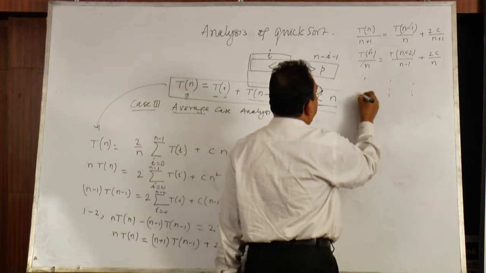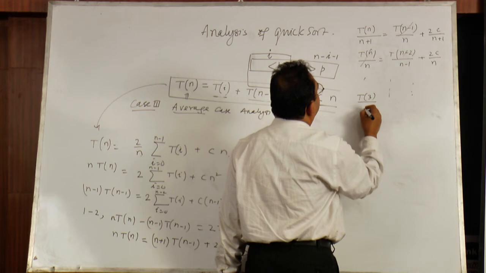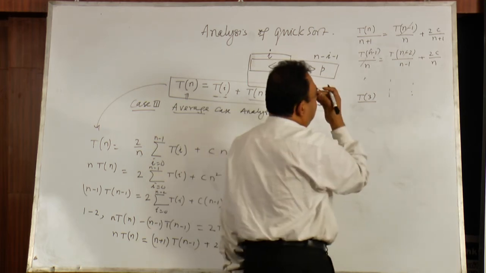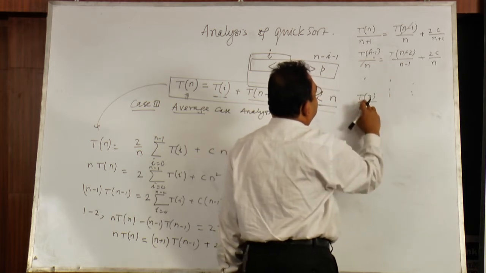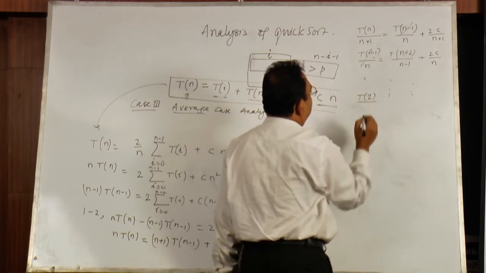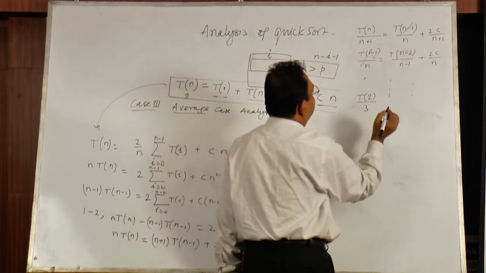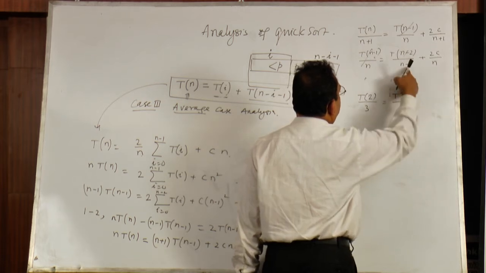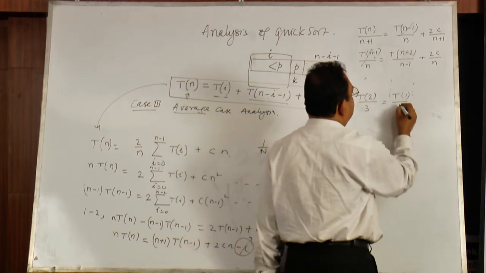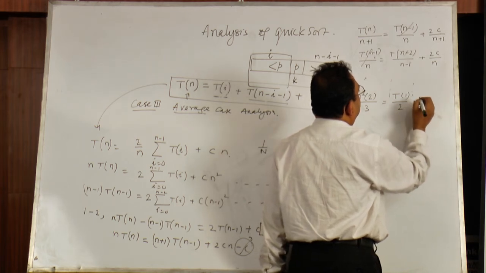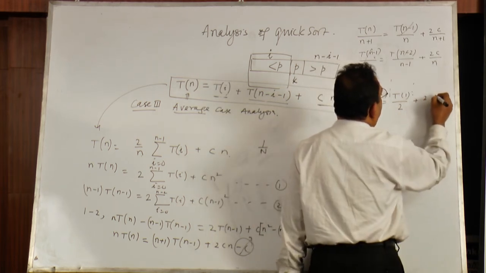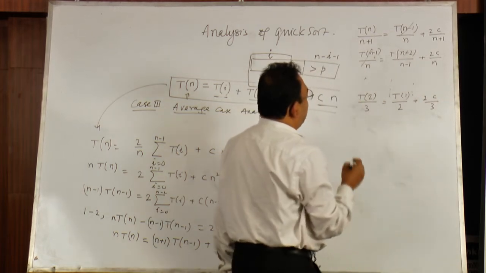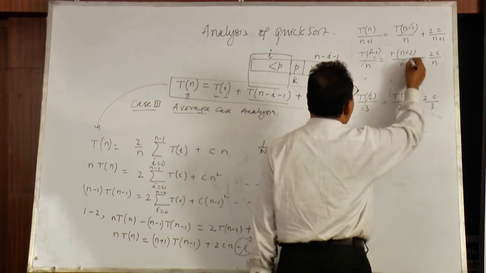So, when this is equal to 3, that is T 2, this is T 2 by 3, is equal to T 1 by n minus 1, n is equal to 3, that is n minus 1 is 2, okay, plus 2 c by 3.